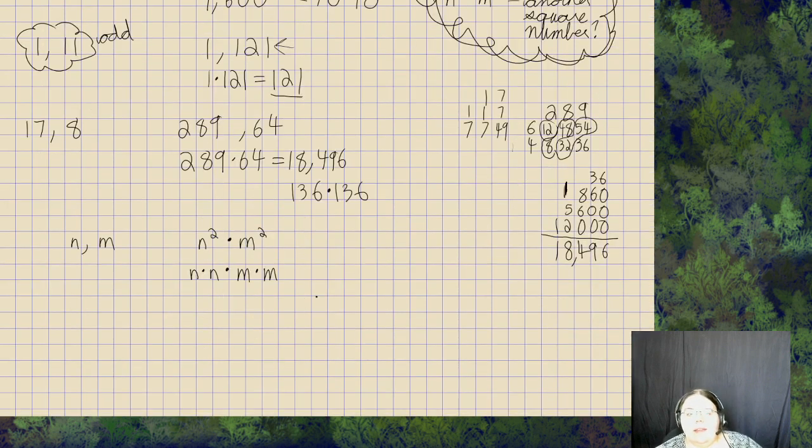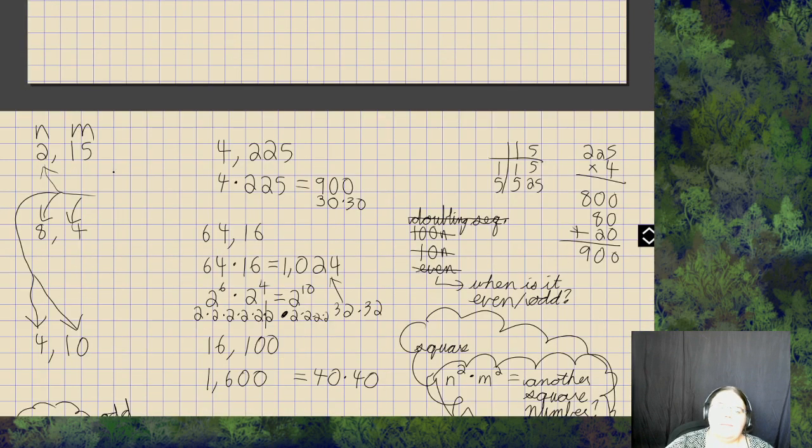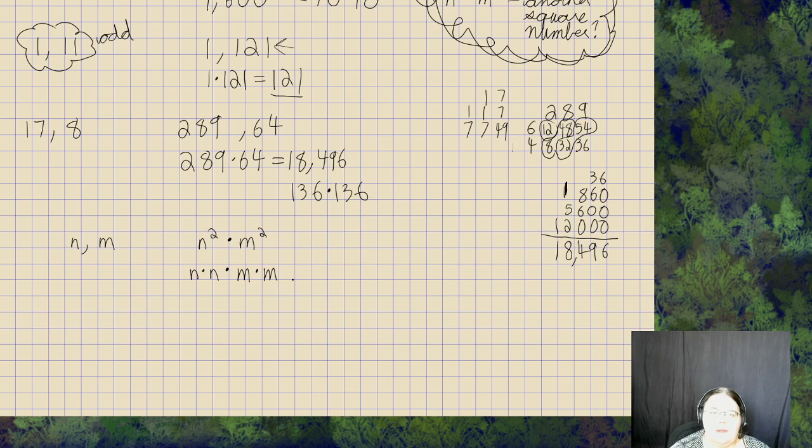Now, if we had, for example, and I'm going to use our fairly straightforward pair of numbers, 2 and 15 was what we started with. So if we had 2 times 2 times 15 times 15. Well, this 2 times 15 in the middle here, I know that's 30, but that's the same as 15 times 2.